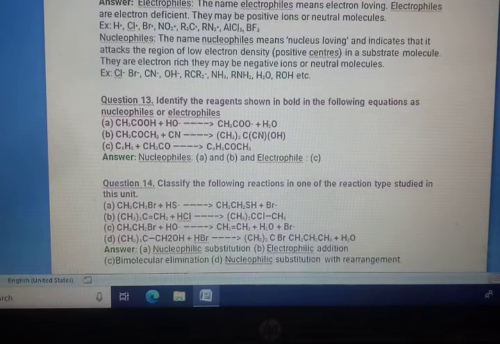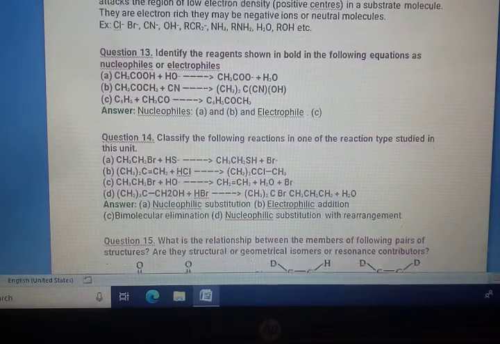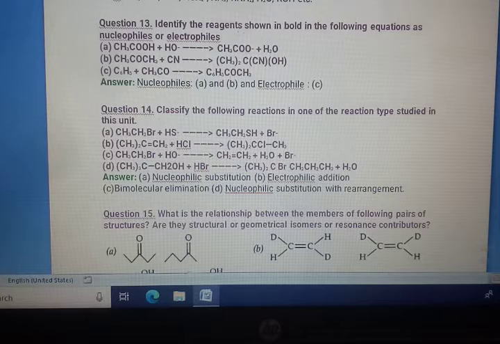Question number 13. Identify the reagent shown in bold in the following equation as a nucleophile or electrophile. You have to just say whether it is a nucleophile or electrophile. So acetic acid plus OH minus ion: acetic acid will lose H+ and form CH3COO minus. You know very well what happens here. A minus charge is there, it already has lone pairs of electrons, so this will be a nucleophile, right?